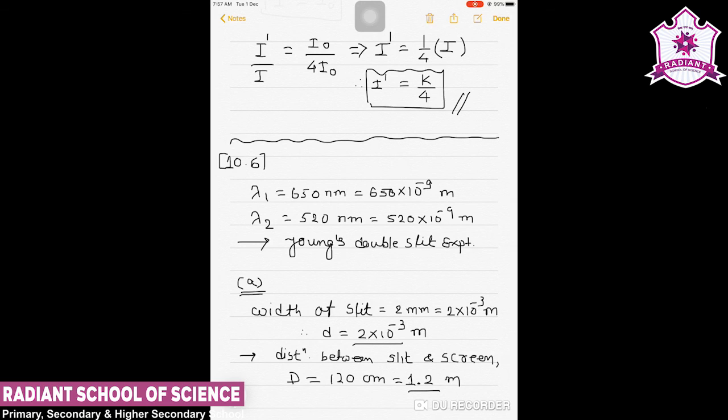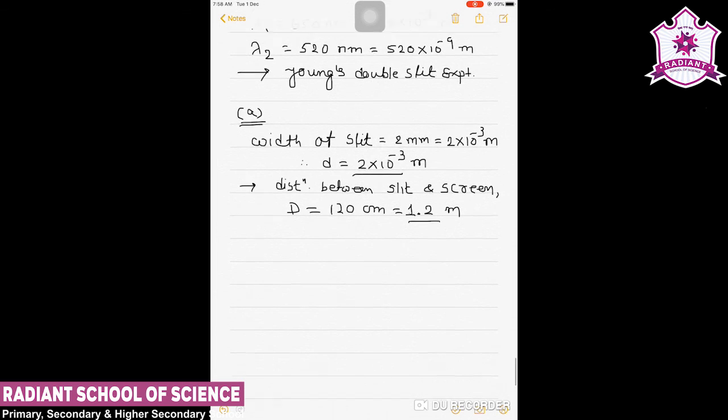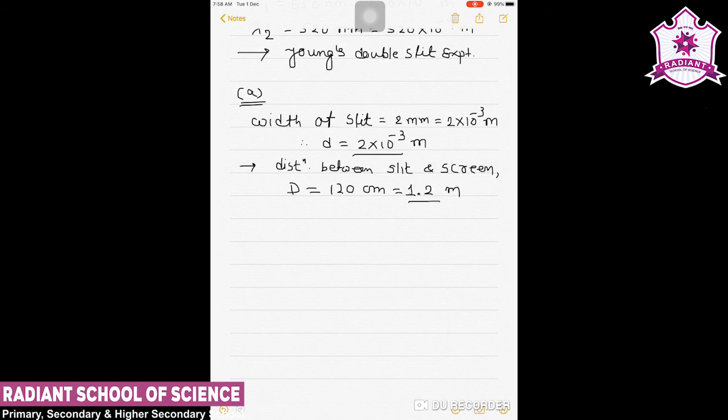So now first we will apply our general knowledge on the basis of the question. To find out the third bright fringe, for answer A, third bright fringe, that is n is equal to 3.